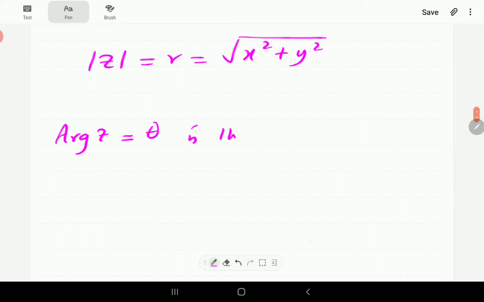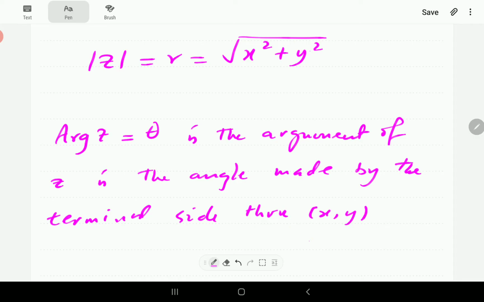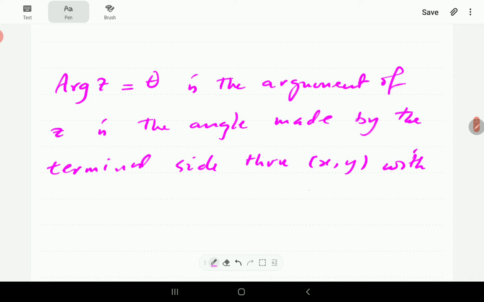So that one is the argument of z, and it is the angle made by the terminal side through xy with the positive x-axis, or real axis.